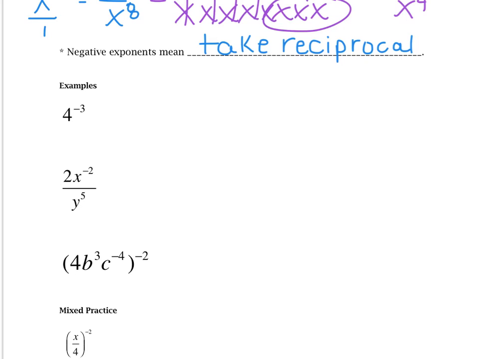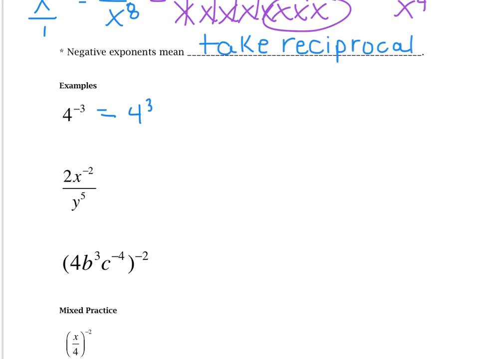Okay, so that first one, 4 to the negative 3 power, what that's really saying is to do 4 to the 3rd power, but put it where? Okay, it needs to be like on the bottom, because right now, if you're just given regular numbers, it doesn't look like a fraction. If you're just given what looks like whole numbers, you can automatically assume that's the top of a fraction, because we can always put it over 1 and make it a fraction.